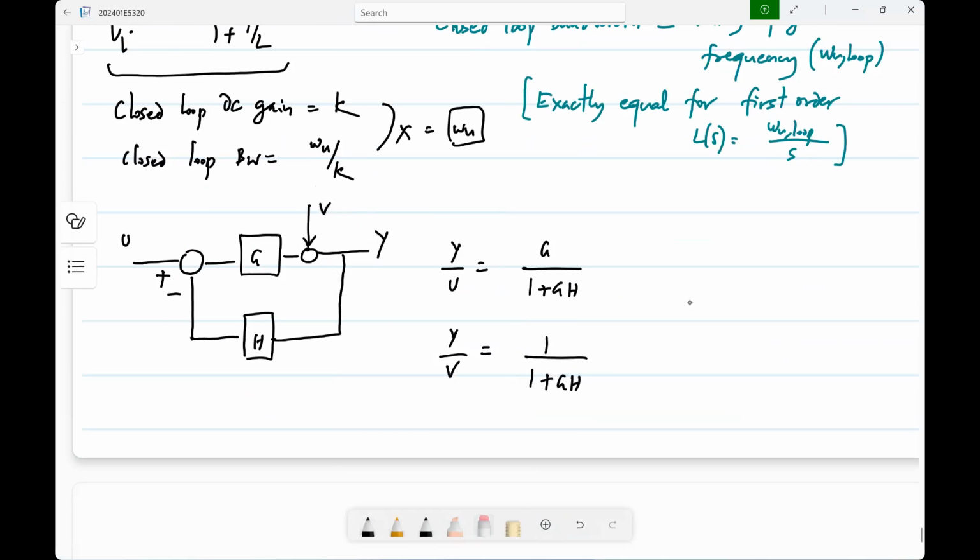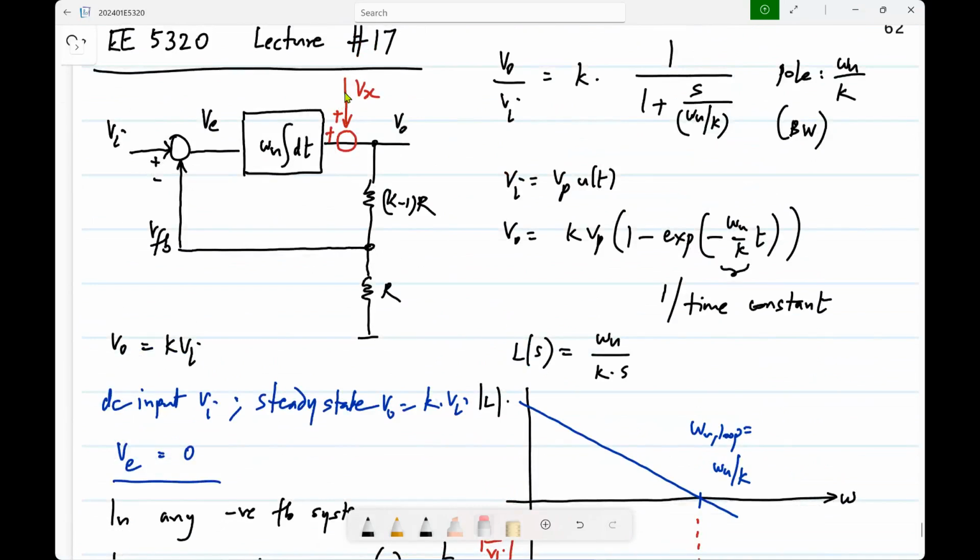So in our particular case, what is it going to be? In this case, V naught by Vx. What will it be? Please evaluate. What will V naught by Vx be at very high frequencies?